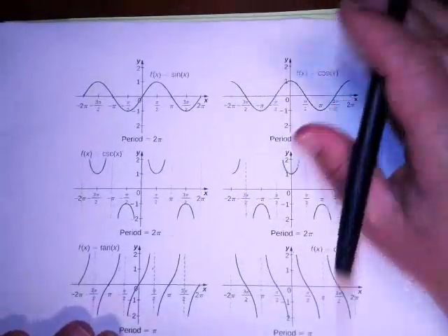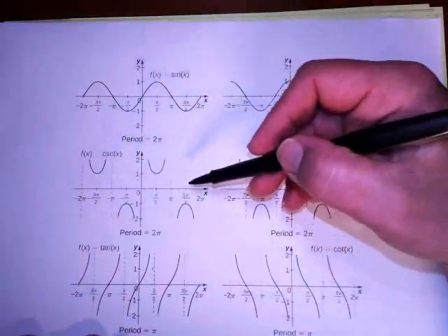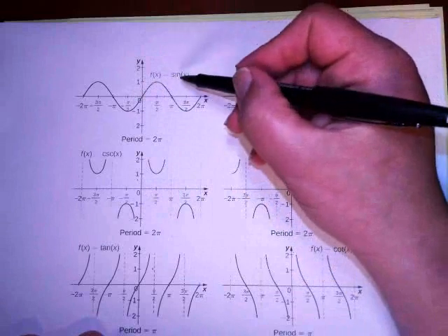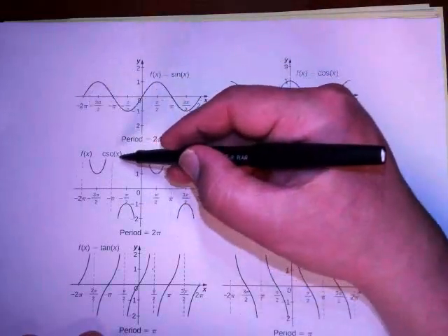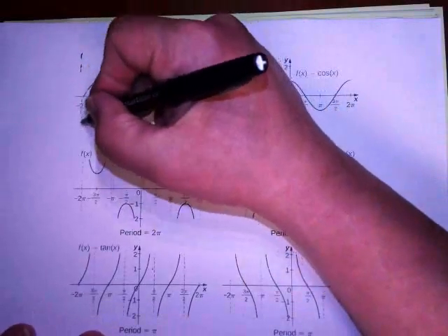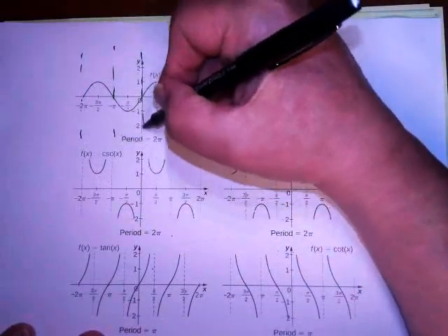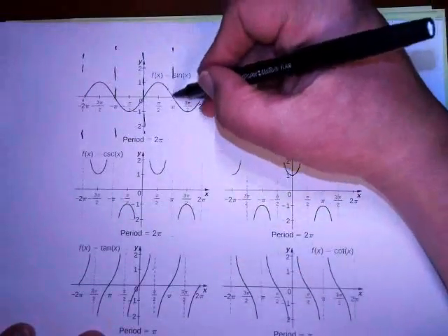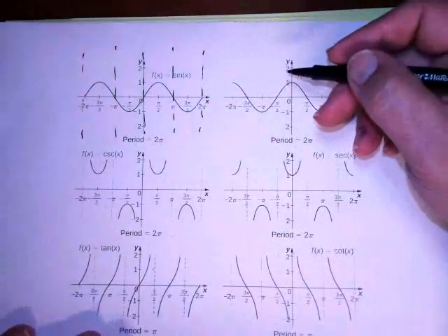It's pretty easy to graph, because whenever the sine is 0, the cosecant is going to be undefined. That's where the asymptotes are going to be, because you'll get a 0 in the denominator. So wherever this crosses the x-axis, you get a 0 in the denominator, and you get the vertical asymptote.